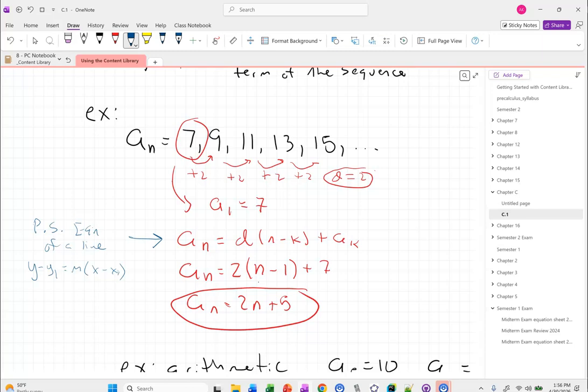We've just renamed x as n, x1 as k, y1 as a sub k, and m as d. Is k always 1? Nope, depends on which one I picked, right? If I had picked this one, this guy would have been a4 is 13. So if I had chosen to use that one, I would write n minus 4 and then plus 13. It just depends on where the number you pick is in the sequence.